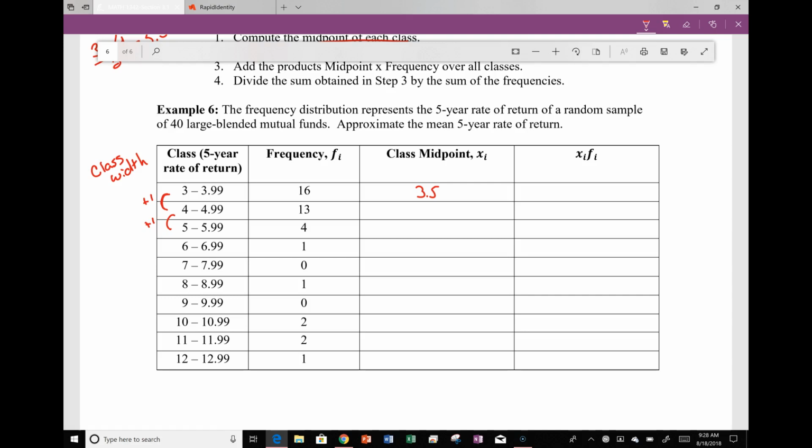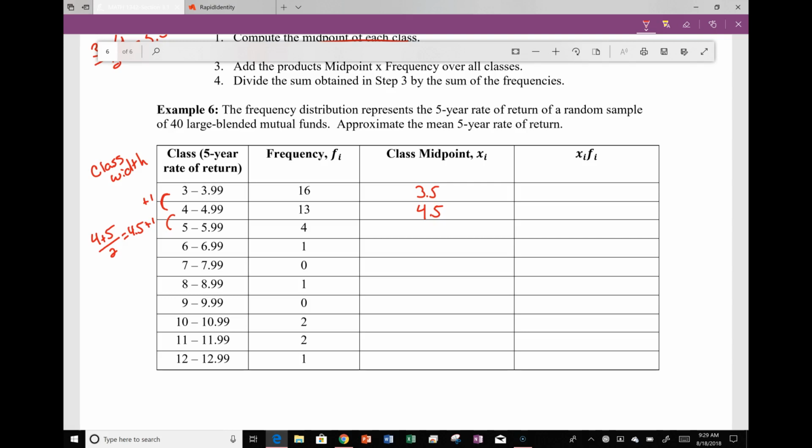To demonstrate, if I look at these two lower limits, 4 plus 5, and I divide by 2, I get 4.5. Therefore, that is my next class midpoint. I have basically added 1 to the first class midpoint, which is what I've done here on my lower limits.